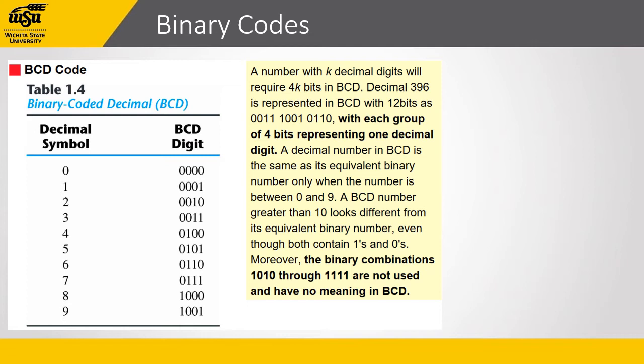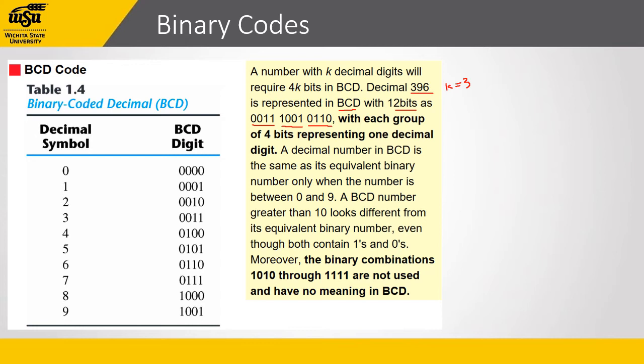There is a coding approach, a way of showing decimal numbers in code, which is called BCD. In this coding format, a number with k decimal digits, assuming k is equal to 3, is represented in BCD form with 12 bits as 0011, 1001, and 0110.